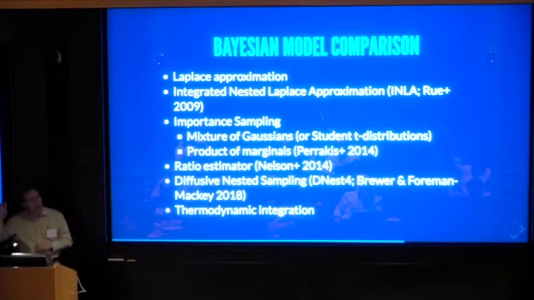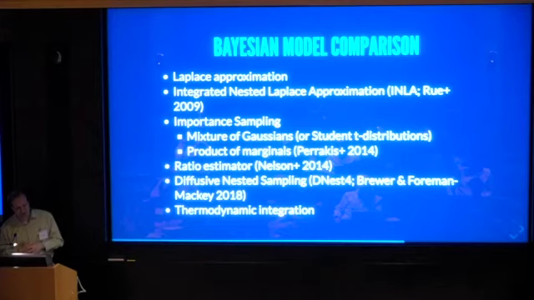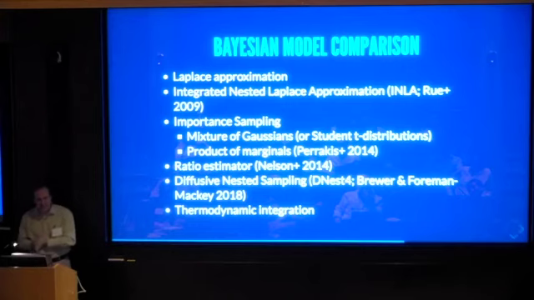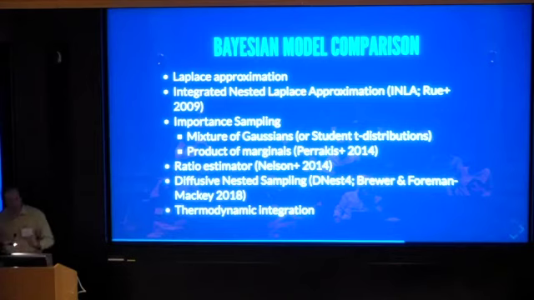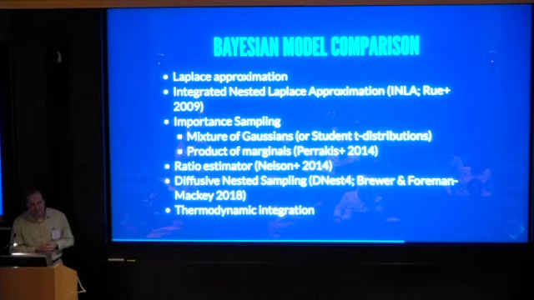There's a hybrid importance sampling MCMC scheme that was developed a while ago, and I think Ben Nelson's paper on Rocancri is the best description of that in an astronomical setting. I was pleased to see the diffusive nested sampling from Brewer, Foreman-Mackey. It looks to me like it has much better theoretical behavior than the standard nested sampling that you see in MultiNest.